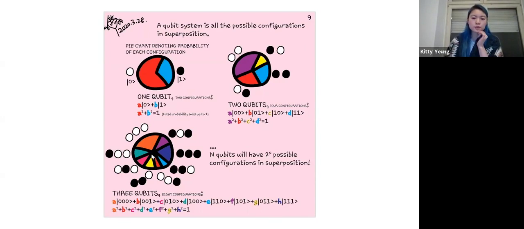If you have 3 qubits, same thing, but then you are having 8 different possible configurations. So what this is telling us is that as the number of qubits increases, if we have n qubits, then there are 2 to the n possible configurations in your system. This is very powerful.